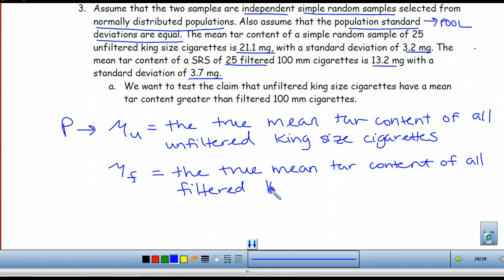And this one is for filtered 100 millimeter cigarettes.